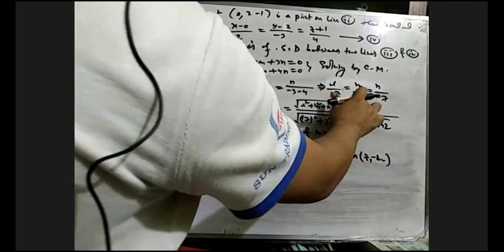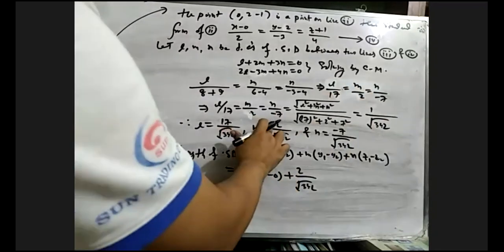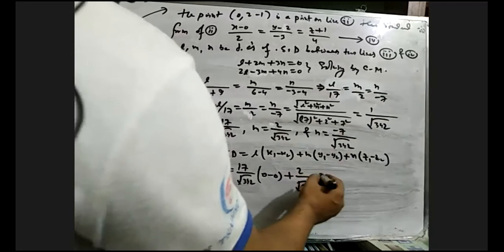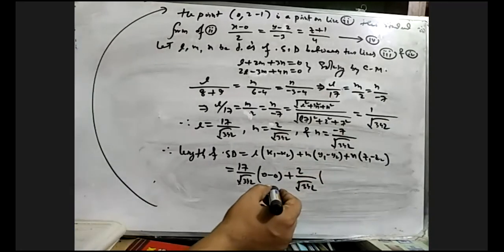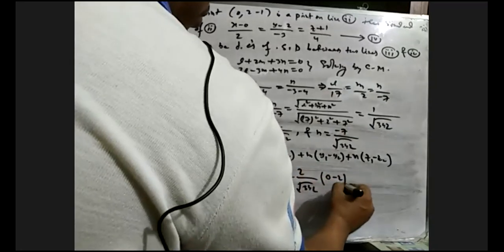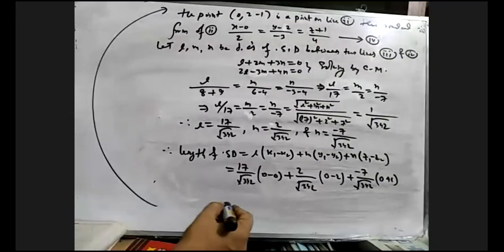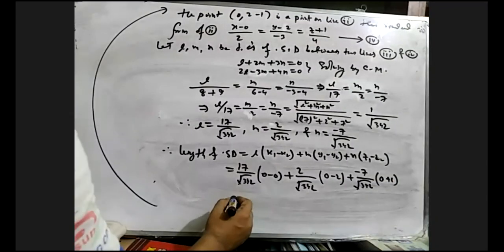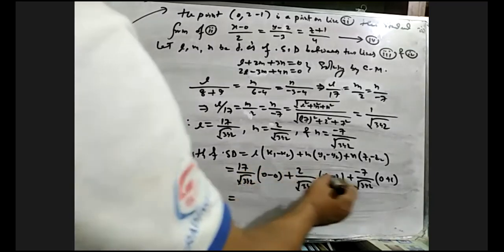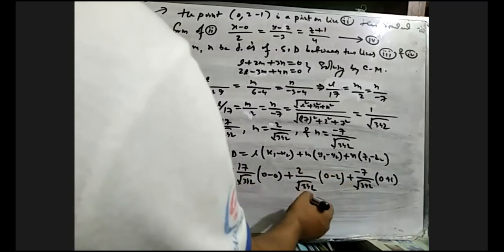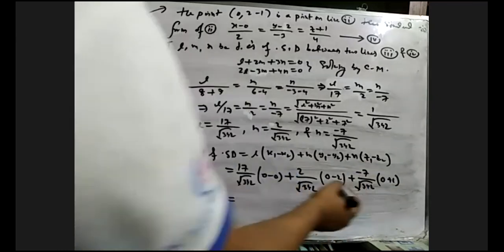There is a mistake. So 2 divided by root 342 times y1 minus y2, which is 0 minus 2, and plus minus 7 divided by root over 342 times z1 minus z2, which is 0 minus minus 1, that means 0 plus 1. So we get easily this is the 0, and this is minus 4 by this and minus 7 by this.